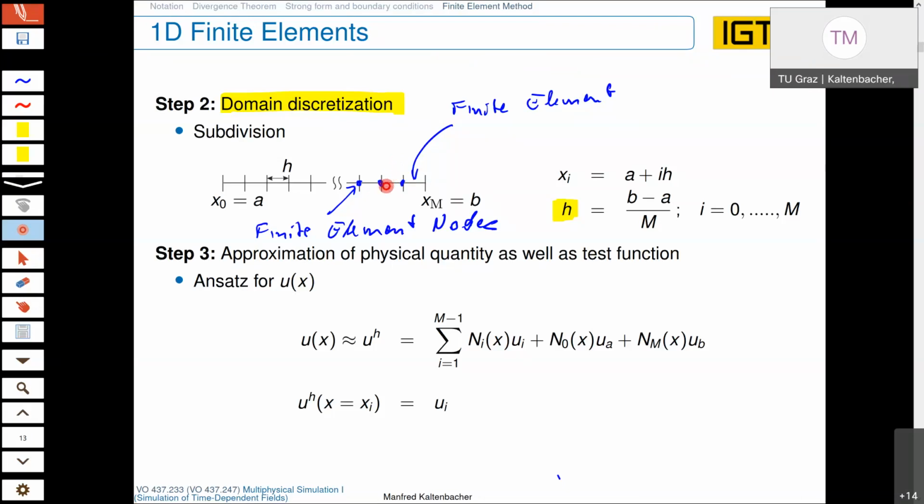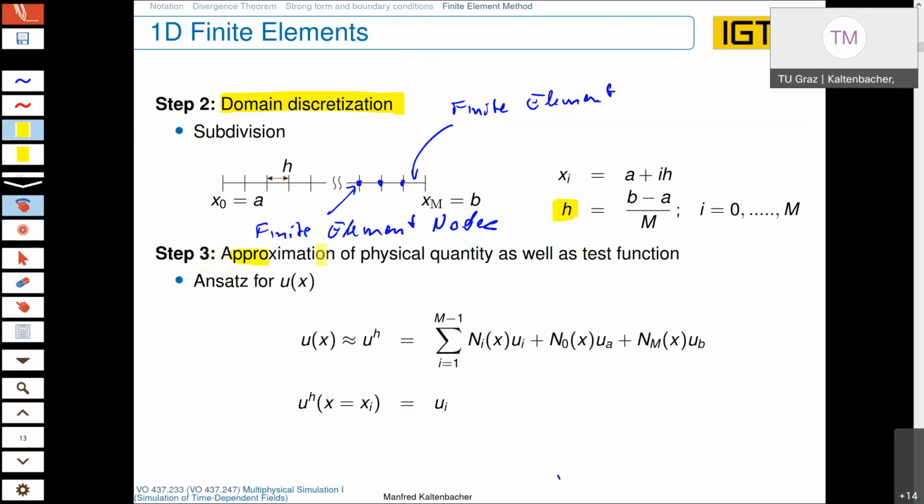And as we have to fulfill Shannon's theorem when we discretize a time signal, we also have to have a discretization in space which is accurate enough, so that such a finite element is small enough to take all the different solution behaviors into account. Okay, so that was step 2, where we did the discretization of the computational domain.